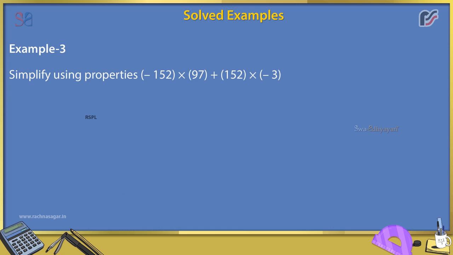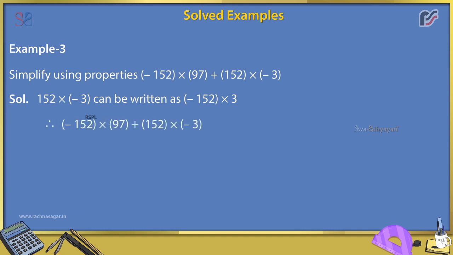Example 3. Simplify using properties (minus 152) into (97) plus (152) into (minus 3). Solution: 152 into (minus 3) can be written as (minus 152) into 3.